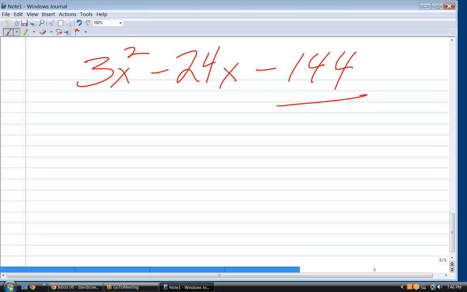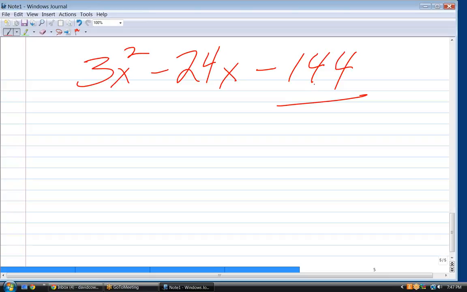If the digits add to 9, it's divisible by 9, first of all. And if they add to a number that is divisible by 3, then it's divisible by 3. So since these add to 9 and that's divisible by 3, I know that 144 is divisible by 3.